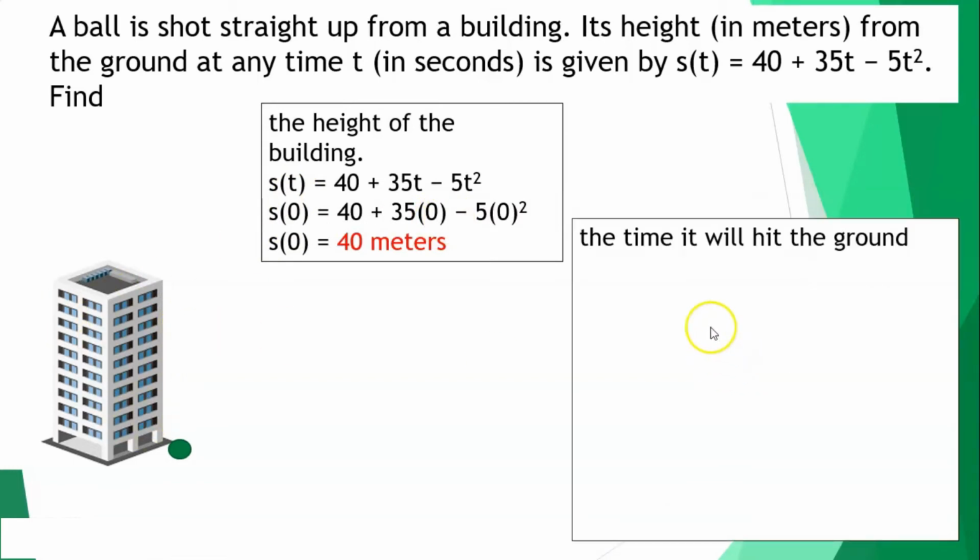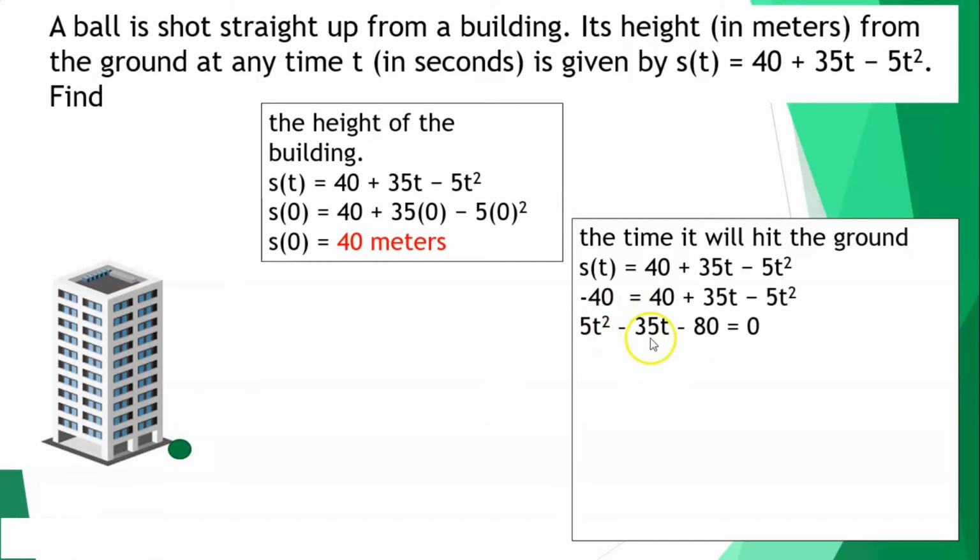Another. What is the time the ball will hit the ground? Take note, the ball started 40 meters above the ground. So its height should become negative 40 so that the ball is already on the ground. Let's substitute and simplify.